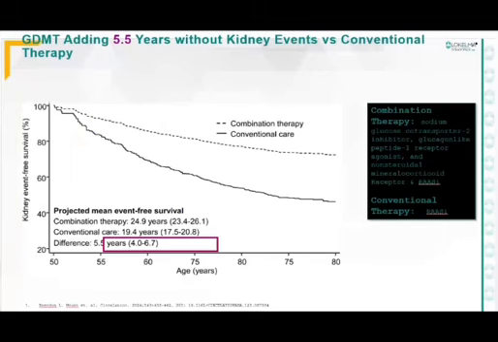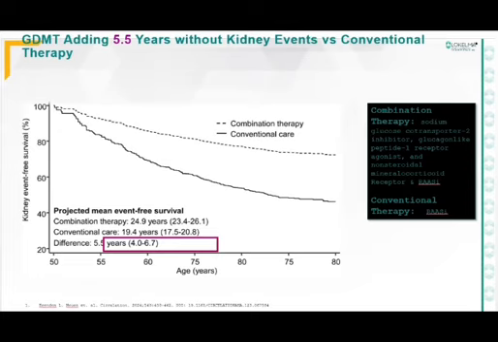When you are looking at goal-directed medical therapy versus conventional therapy, the goal-directed medical therapy is based on the published data and literature. In diabetic patients, the pillars of therapy are SGLT2 inhibitors, GLP-1 receptor agonists, non-steroidal mineralocorticoid receptor antagonists, and RAS blockade.